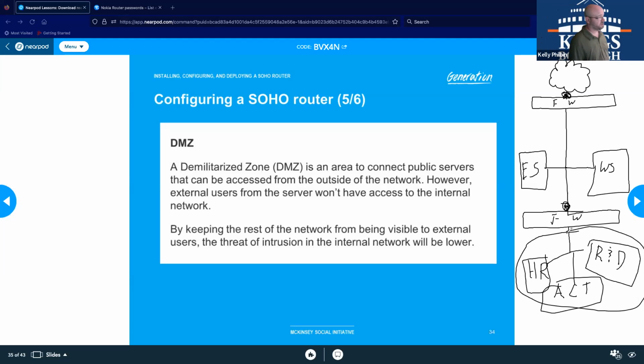That's the most important information. So I have a firewall protecting that. I will have a much less secure firewall on the edge of my network protecting my email server and my web server that customers would be accessing.